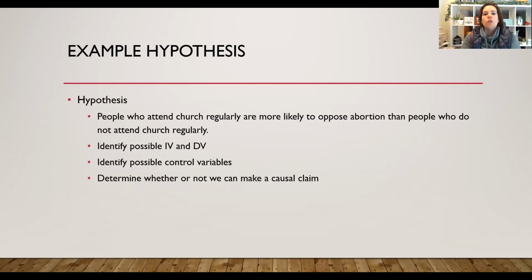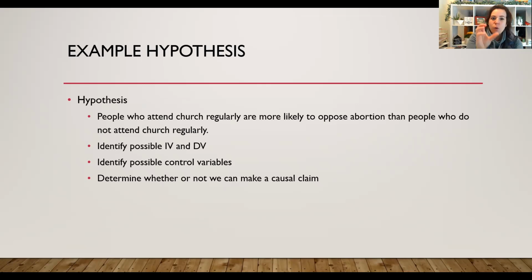Okay, so let's say you were doing this example. Your hypothesis is that people who attend church regularly are more likely to oppose abortion than people who do not attend church regularly. So if we think about independent variable and dependent variable, what would those be? So I want you to think for a minute, maybe pause me because I'm not going to wait that long.